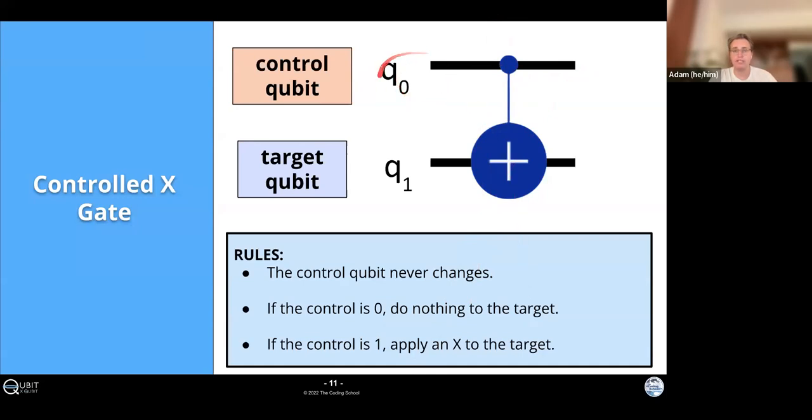So if the control qubit is in a 0 state, nothing happens. It's like the gate isn't even there. On the other hand, if the control qubit is 1, then we apply an X, right? So the control qubit is basically like a switch saying, are we off, 0, in which case we just don't do anything, or are we on, 1, and do we do something? Do we apply an X gate or a NOT?